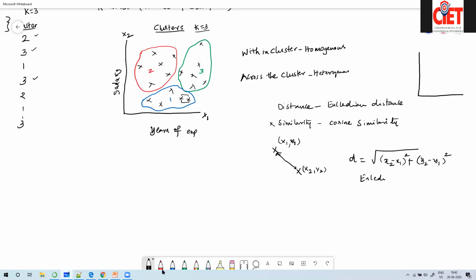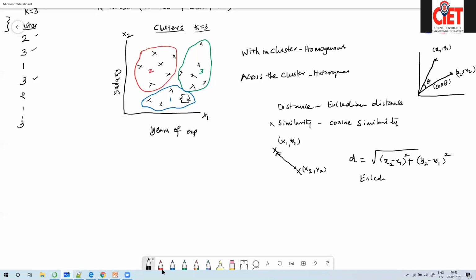On a two-dimensional space, you have an observation here, x1 comma y1, and another observation here, x2 comma y2. To find out how similar these observations are, we find the angle that separates these two observations. This is theta. The cosine of that angle theta is going to be the similarity.